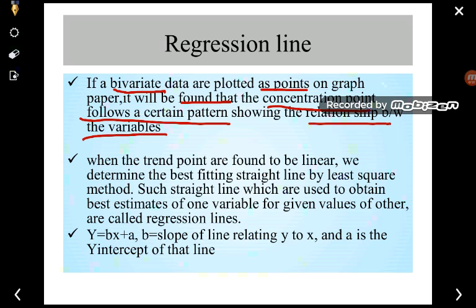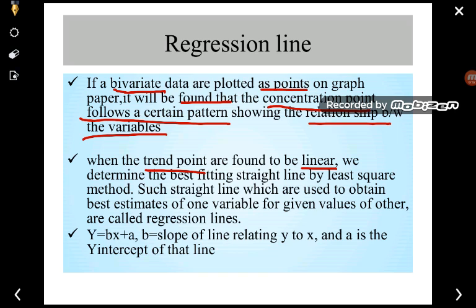And when these trend points are found to be linear, it means they are following a particular path, and that path is nothing but a line, all the points belong to one line. So when the trend points are found to be linear, we determine the best fitting straight line.